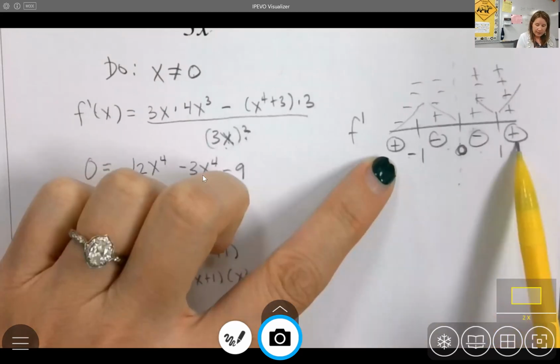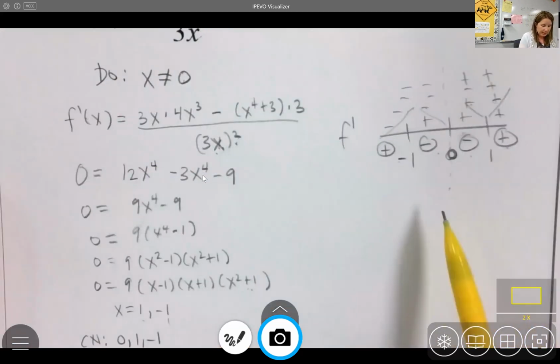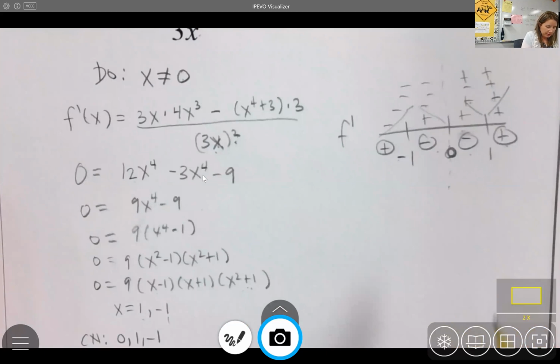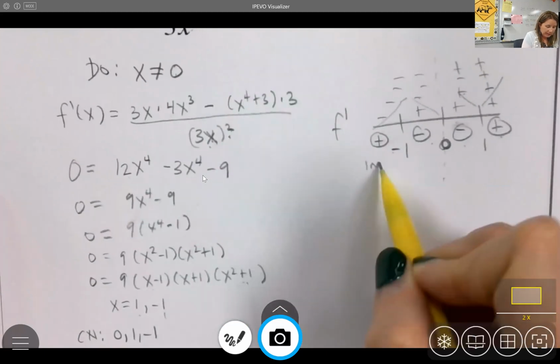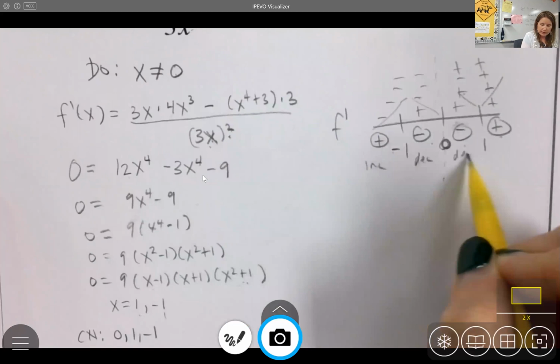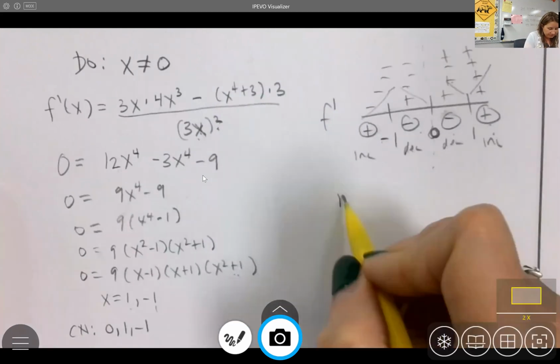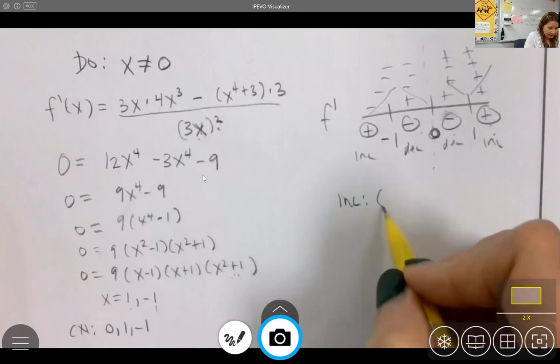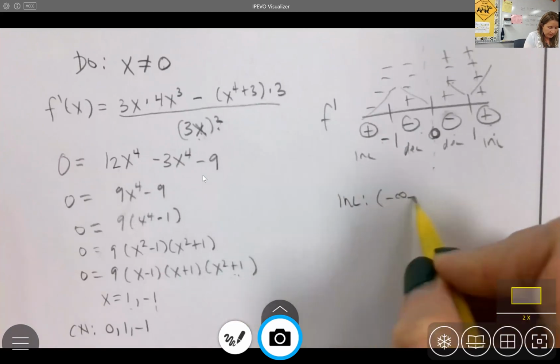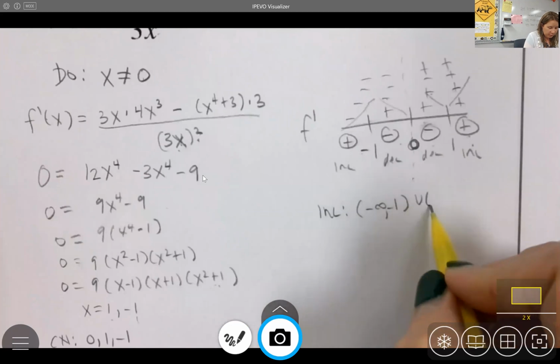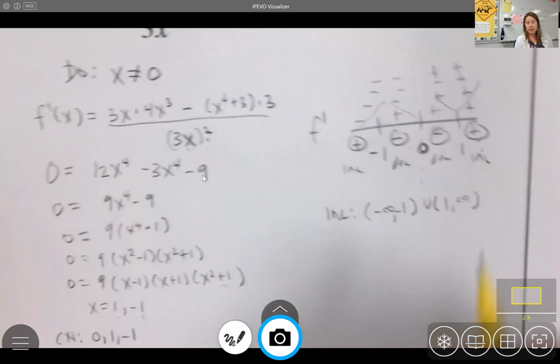Okay, so now I have to say, all right, where is this increasing? So this is increasing, decreasing, decreasing, and increasing. Okay, so it's increasing from negative infinity to negative 1, and from 1 to infinity. Okay, and that's okay.